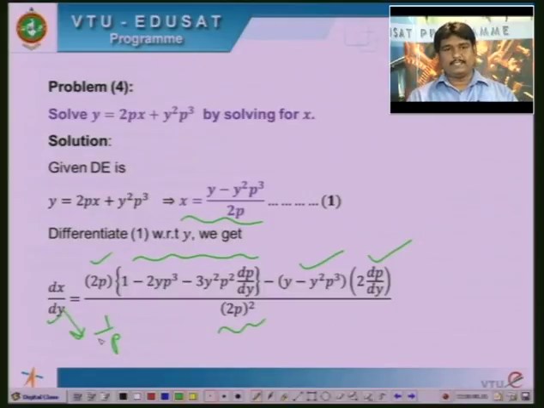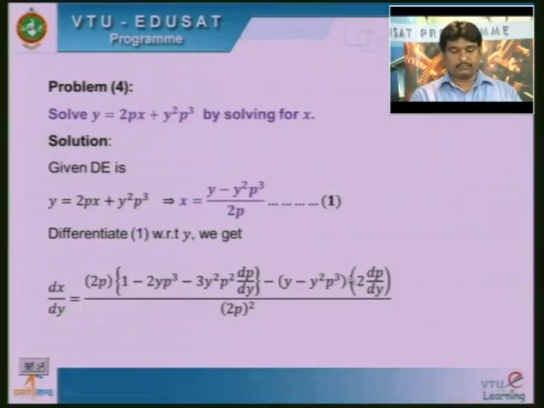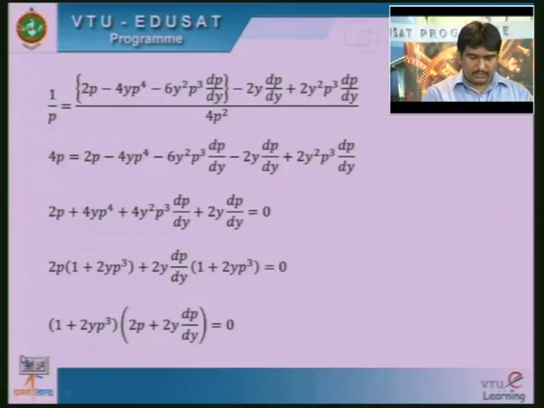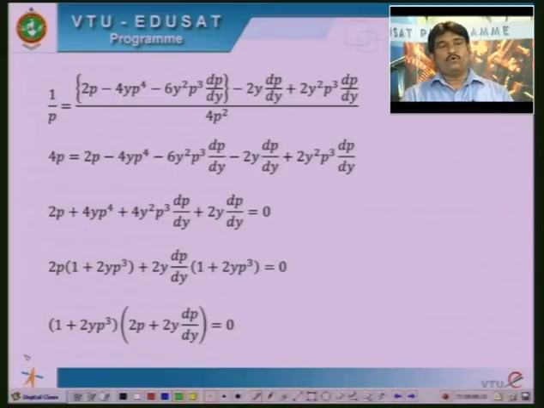So 1 by p is dx by dy, and simplify this equation to get 1 by p equals 2p minus 4y into p to the power of 4 minus 6y square p cube into dp by dy minus 2y into dp by dy plus 2y square p cube into dp by dy, divided by 4p square.